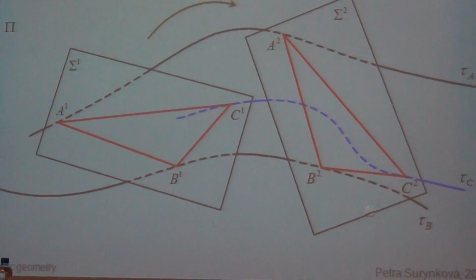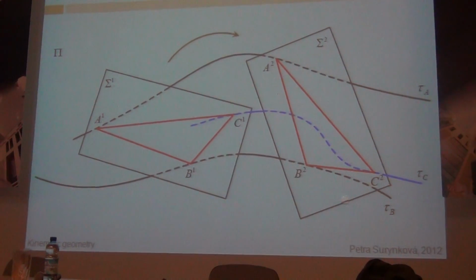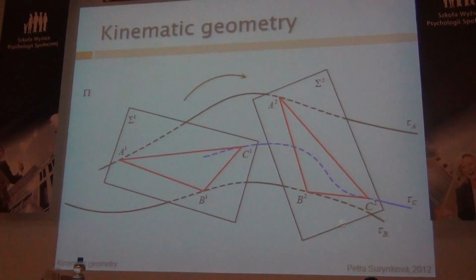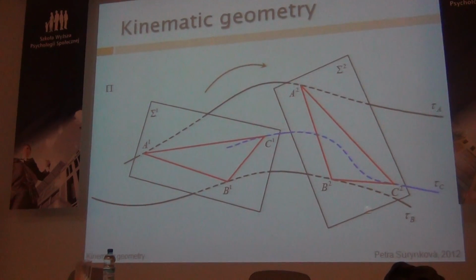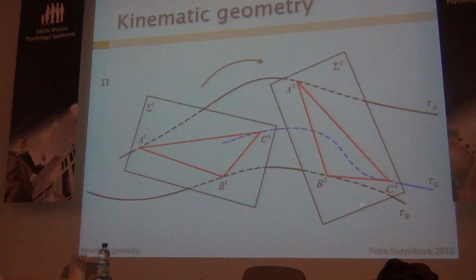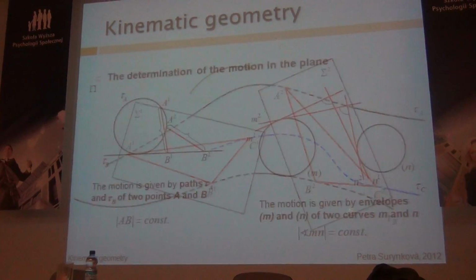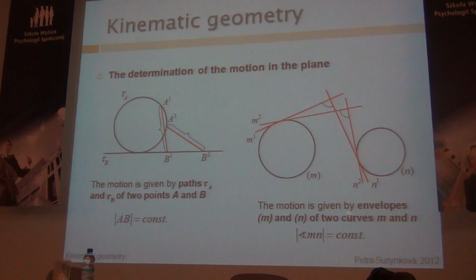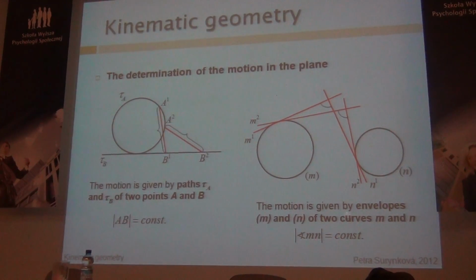So we can see the fixed plane. There are the paths tau A, tau B, tau C, and the moving plane in two positions. There are points A, B, C. So the determination of the motion in the plane, there are many possibilities how to determine the motion.